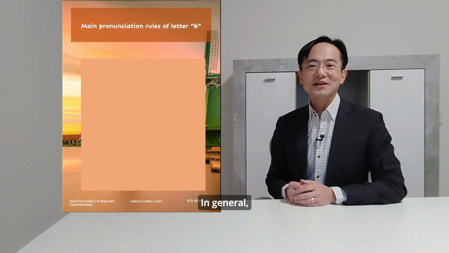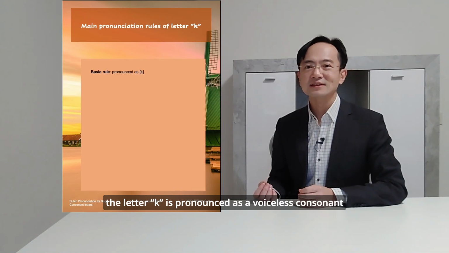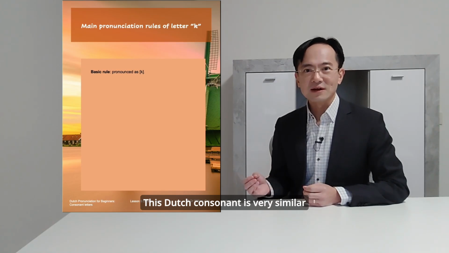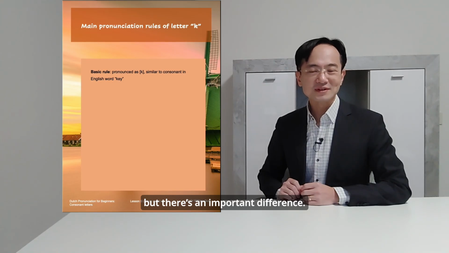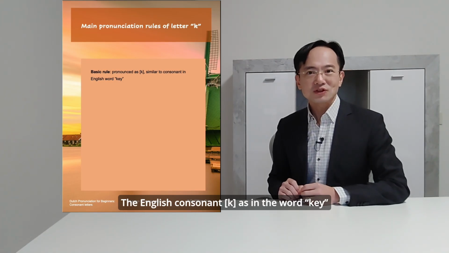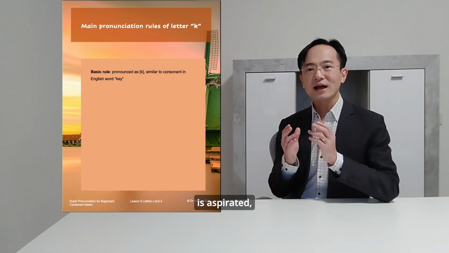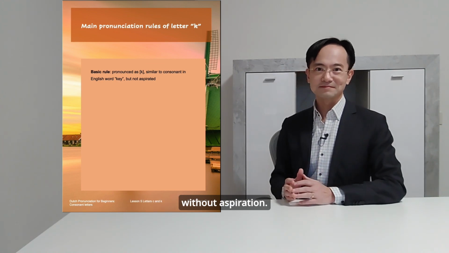In general, the letter K is pronounced as a voiceless consonant K. This Dutch consonant is very similar to the consonant in the English word key, but there's an important difference. The English consonant K, as in the word key, is aspirated, but the Dutch consonant K is pronounced without aspiration.